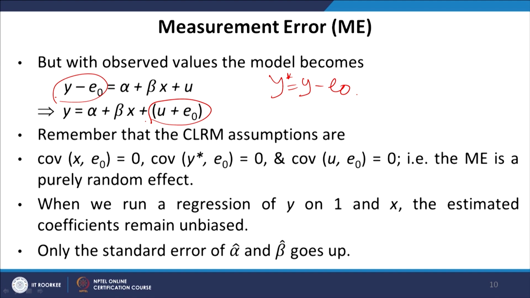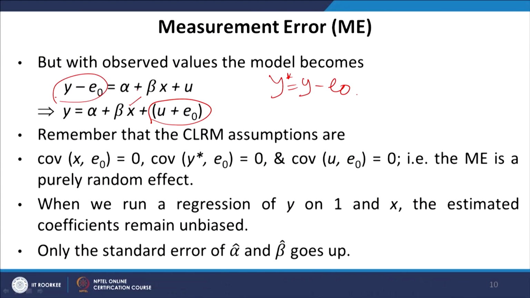Remember that the classical linear regression model assumptions are that the covariance between x and u is assumed to be 0.